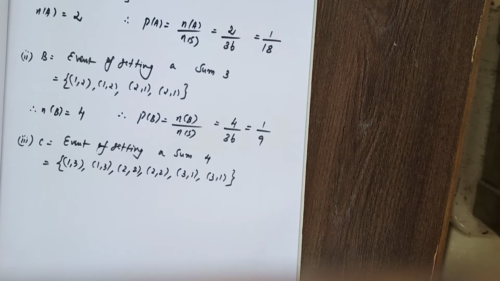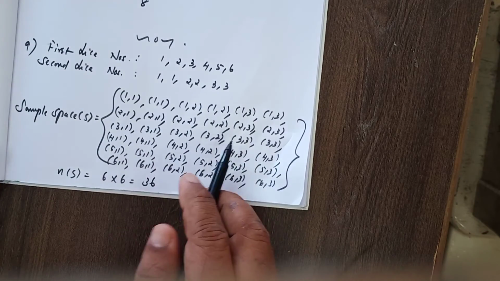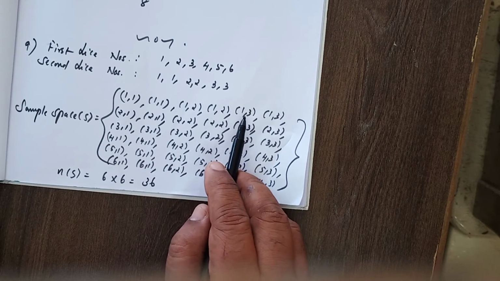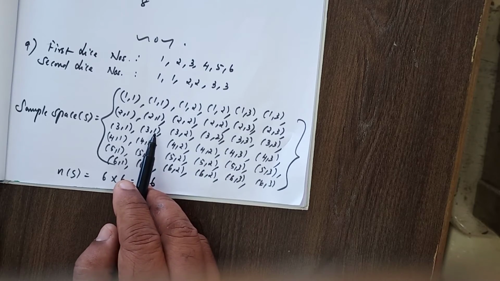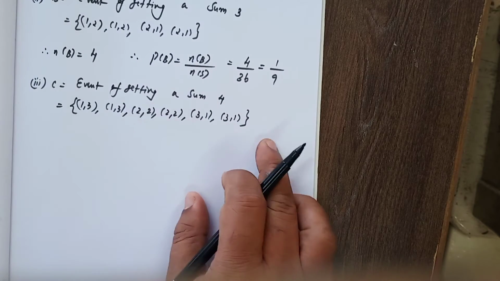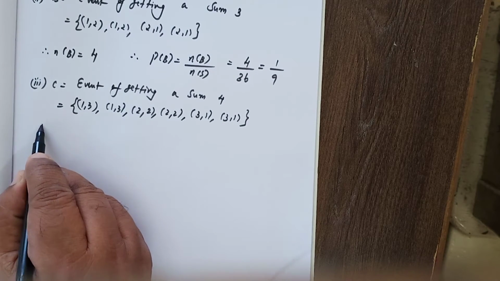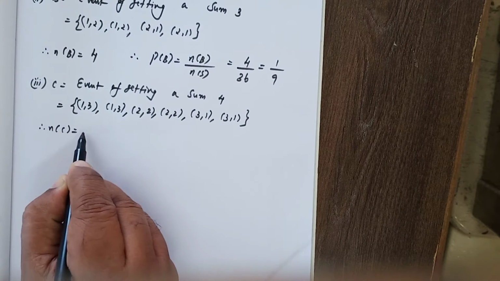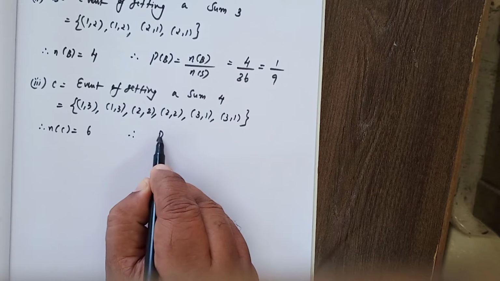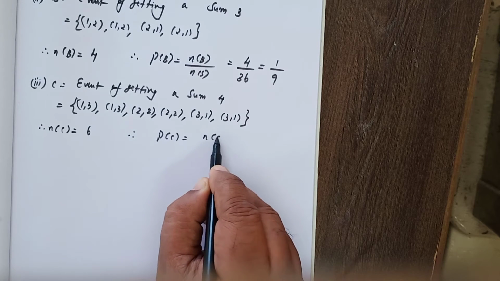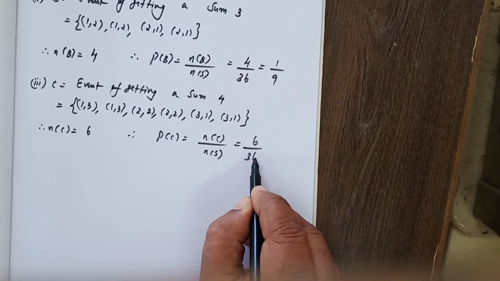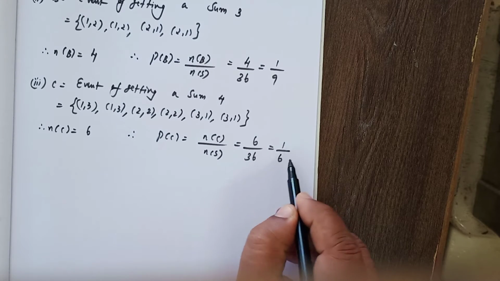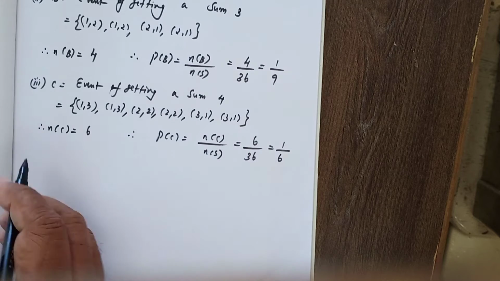You can refer to the sample space here. Totally 6. Therefore n of C equals 6. Therefore P of C equals n of C divided by n of S, 6 divided by 36. If we simplify, we get 1 by 6.